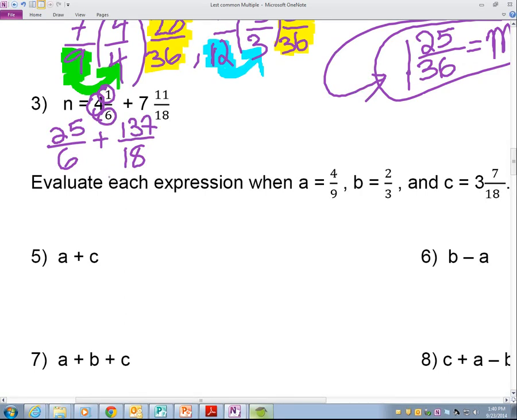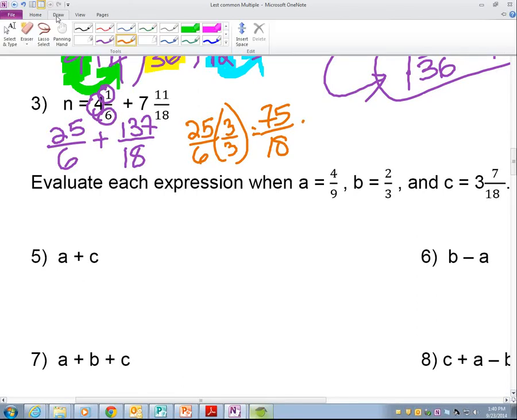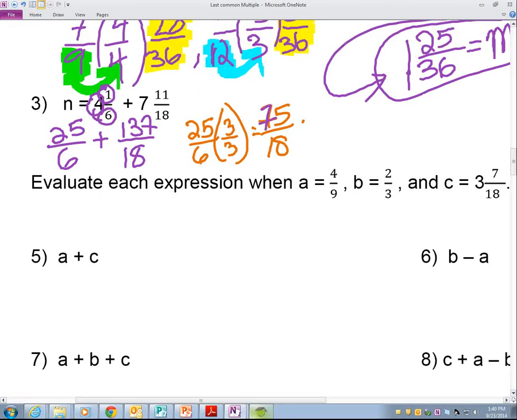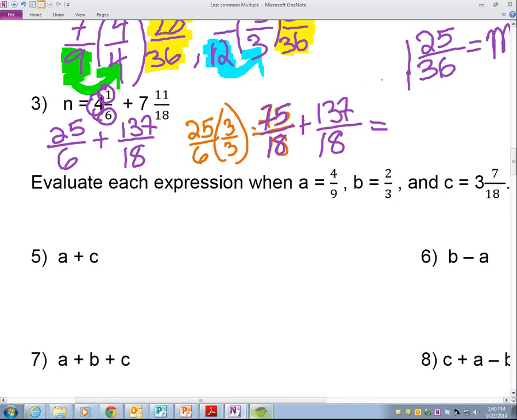So I'm doing a different color so you see what's going on. 25 over 6 was 75 over 18, plus 137 over 18, 212 over 18.